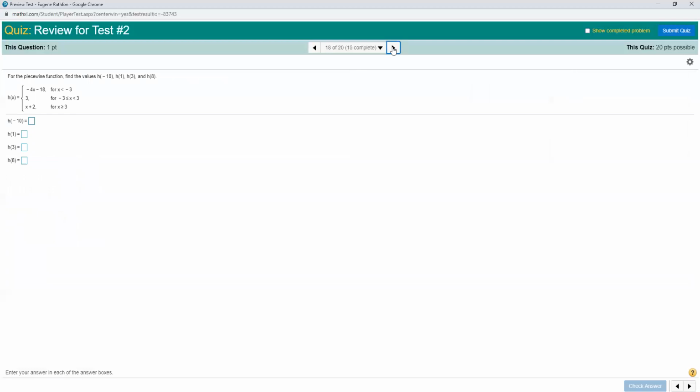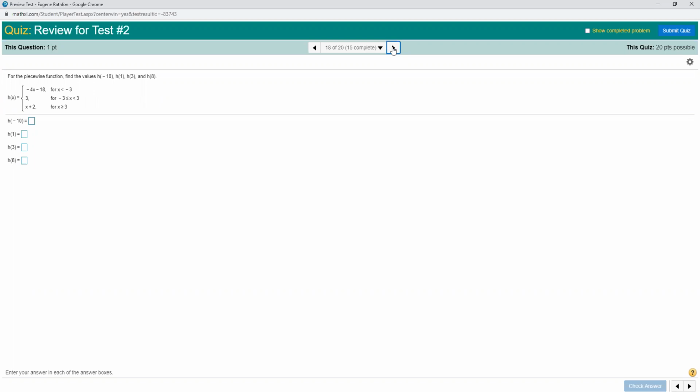Now, this one you actually had to find these values. So let me write down my equation. H of x equals negative 4x minus 18 for x less than negative 3. It's going to equal 3 for negative 3 less than or equal to x less than 3.